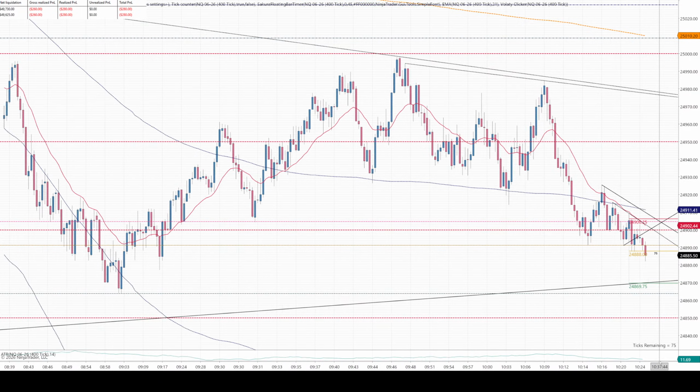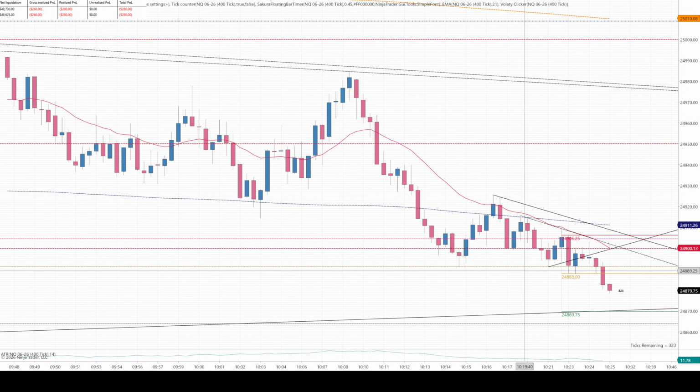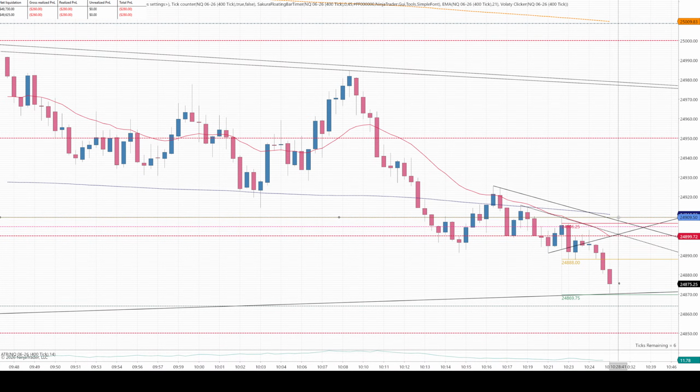There it is. There's the move for the 15 points. Well, yep, it was. Now we broke through it. This is the move I was looking for.